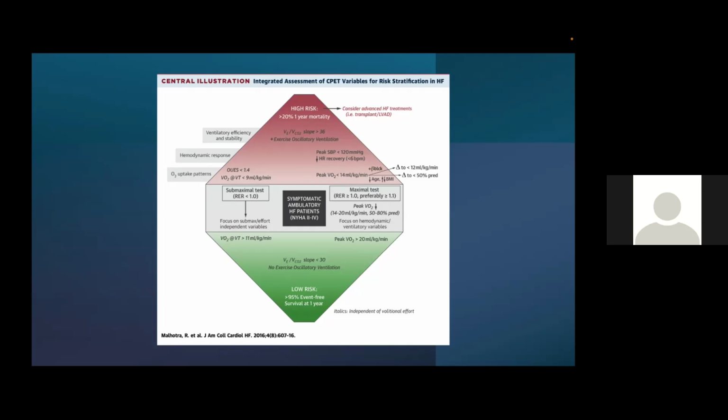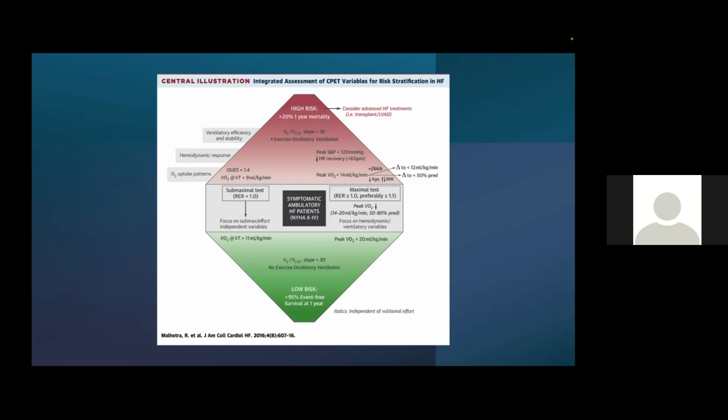The high-risk patients are those having a high slope, more than 36 minute ventilation, and exercise oscillatory ventilation, a blood pressure drop to less than 120, chronotropic incompetence or slow heart rate recovery less than 6, oxygen uptake efficiency slope less than 1.4, VO2 at the anaerobic threshold less than 9, and peak VO2 less than 14 without beta blockers, and less than 12 with beta blockers.